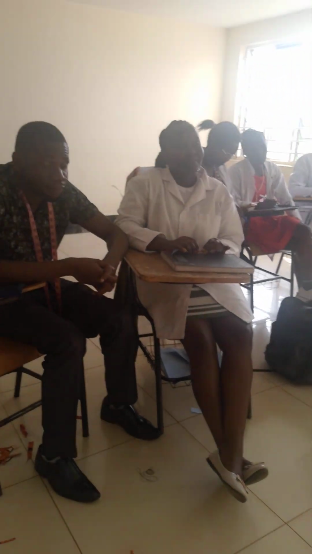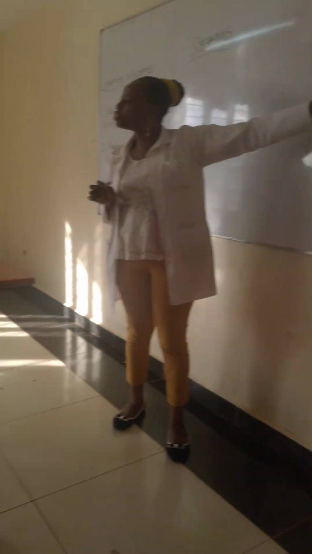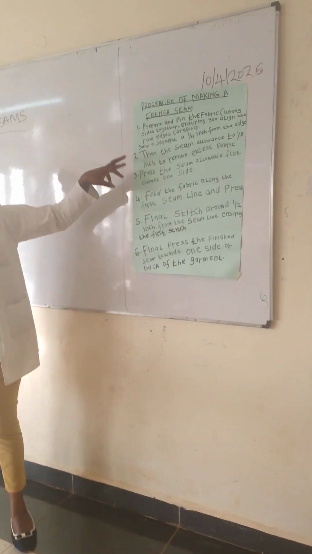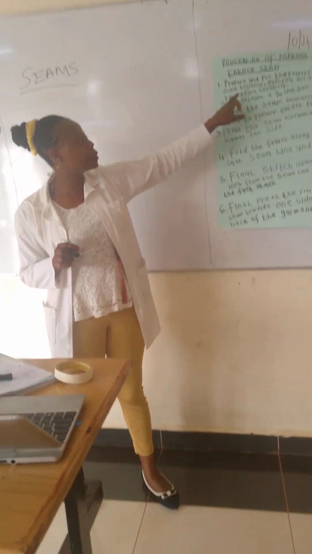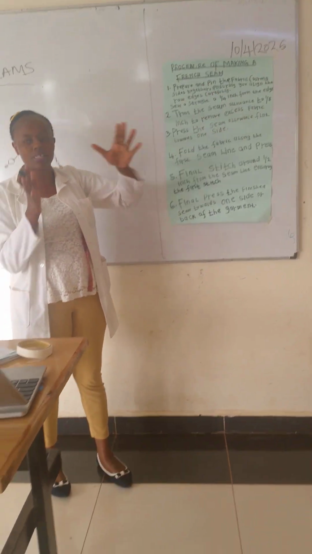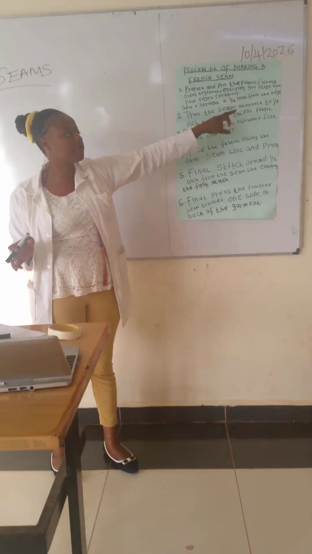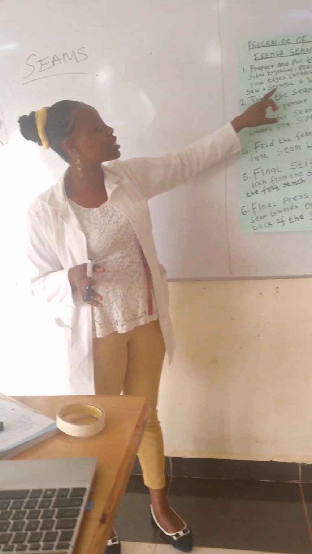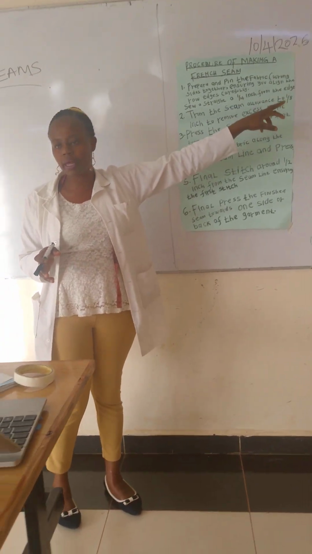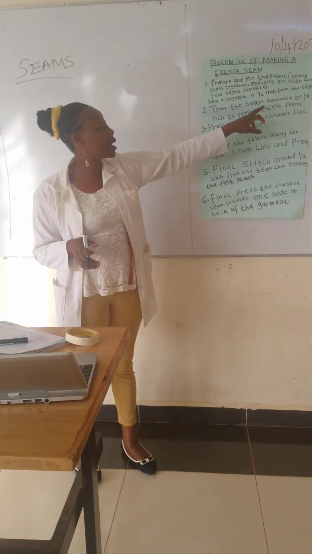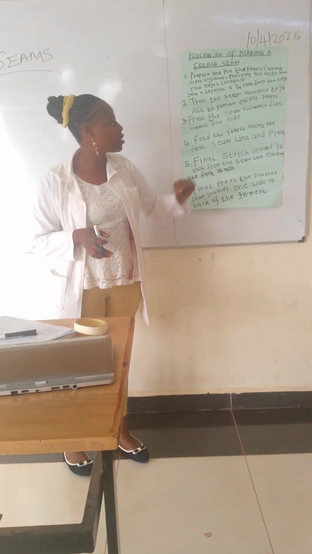So I want us to confirm on the chart that we have here whether what she has said is correct. So you can see the first step is you prepare and you pin the fabric wrong sides together, ensuring that you align the raw edges carefully. Then you sew a straight line which should be 1/4 inch from the edge. Then you trim the seam allowance to 1/8 inch to remove excess fabric.